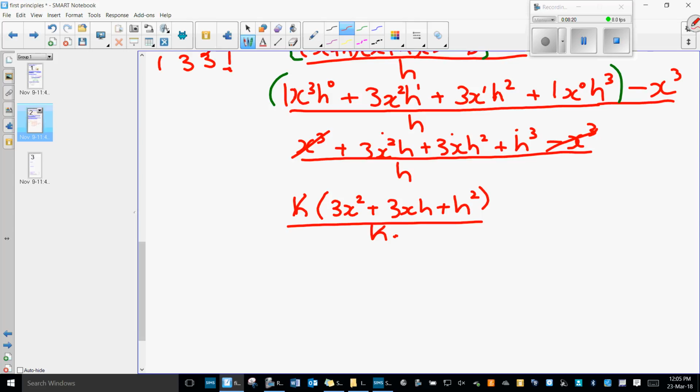Okay, so the limit as h approaches 0 now means that this expression here is going to be 3x squared plus 3x times 0 plus 0 squared. What does that then simplify to give?